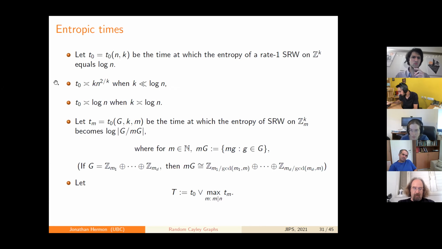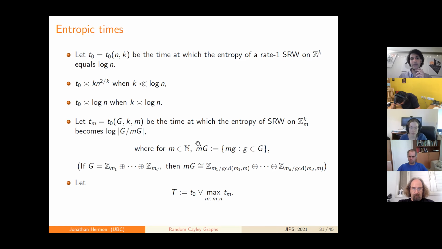Okay, and we can determine the asymptotic of this. This is not very important. So the other quantities, Tm, is the time in which the entropy of simple random walk on Z mod mZ to the k is equal to log of the group G mod mG.